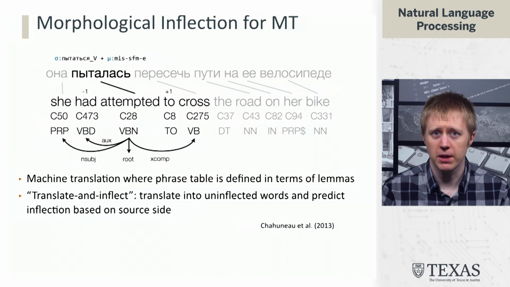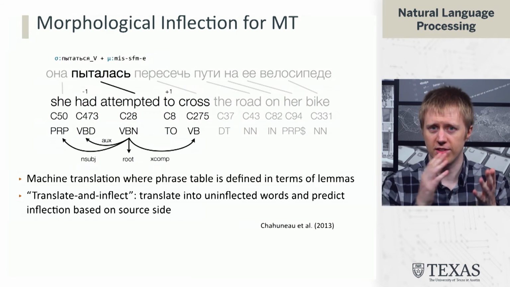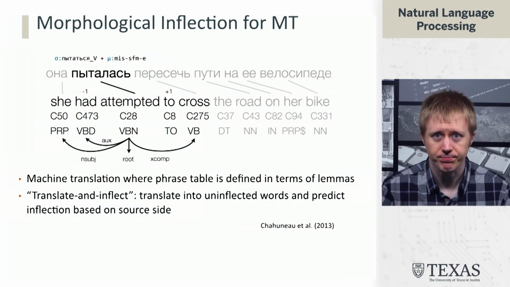This is helpful because if you have the second person plural form of some verb that you've never seen before, you actually have a chance of getting it right, because you don't rely on having seen it in your MT training data. You can instead get it through this two-stage process.